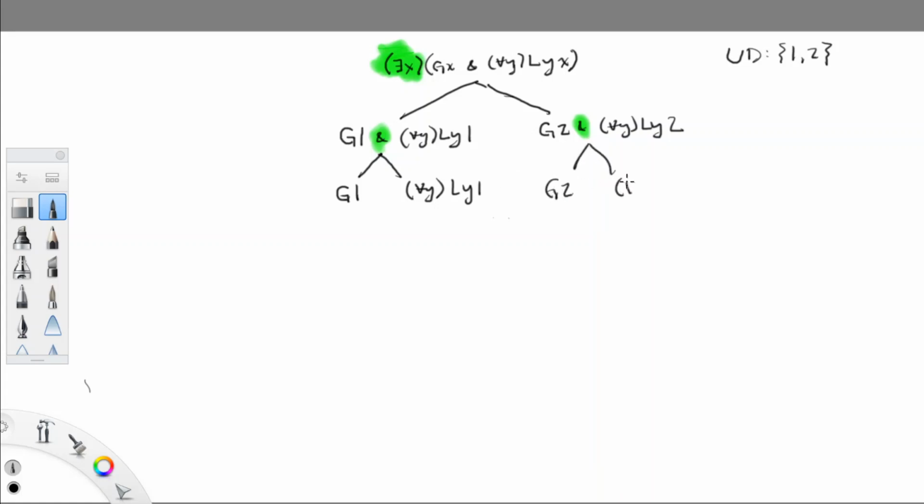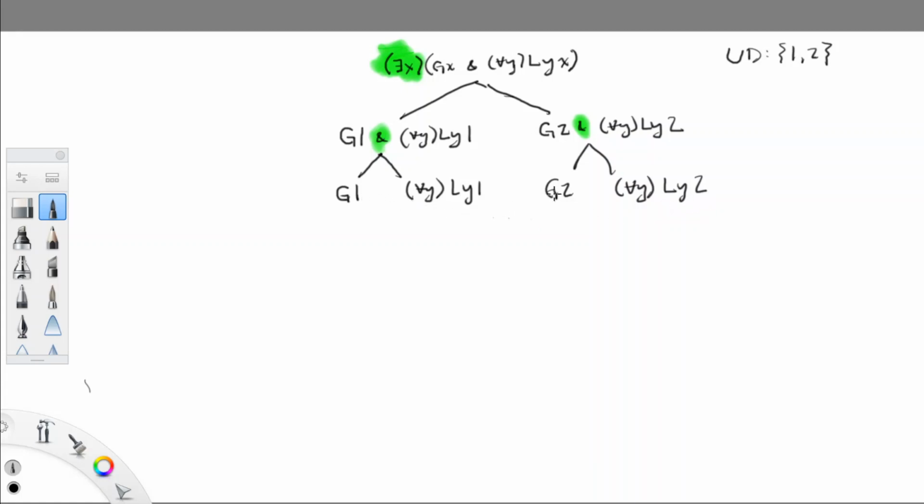Don't make this too complicated. Just copy the components the way they are. All right, so we have a conjunction here. We have G2 on the left side, so G2 goes on the left branch. On the right side, we have for all y, Ly2, and that goes on the second branch.